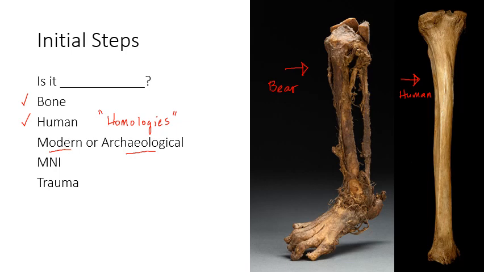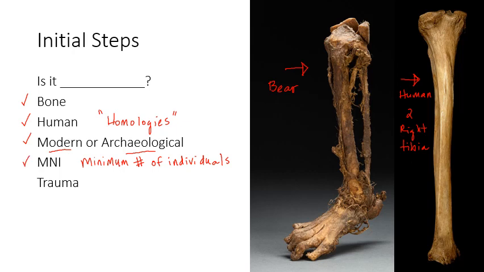We're also interested in what's referred to as MNI, the minimum number of individuals. So we count bones, and if we find two, for example, two right tibia, well, our minimum number of individuals would be 2 people.